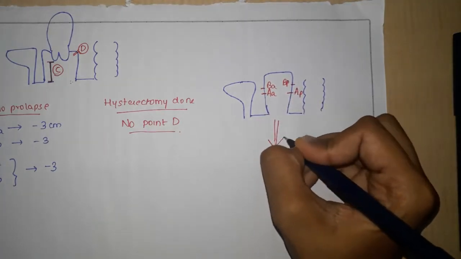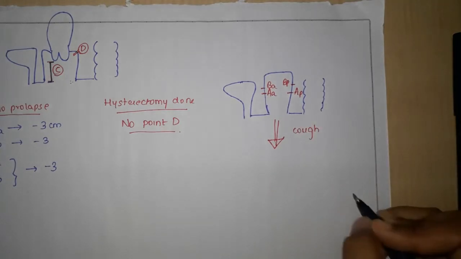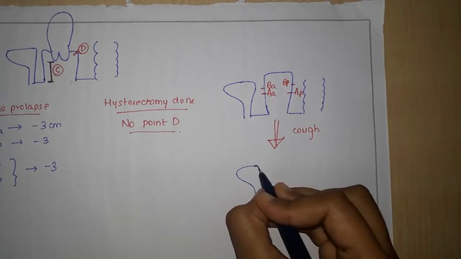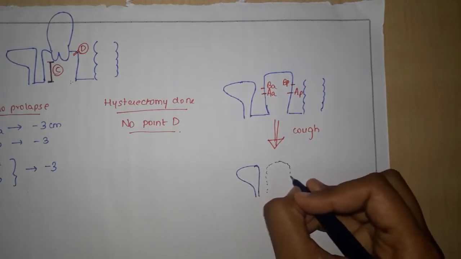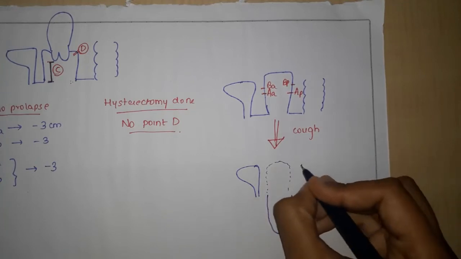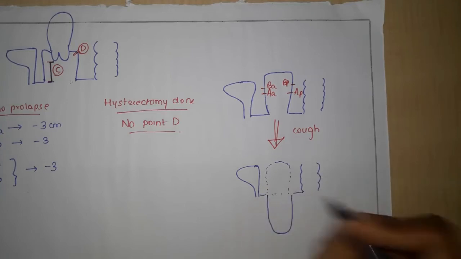Now you ask the patient to cough or do a Valsalva maneuver, and if this is what happens, initially it was in this position, now this has totally come out like this. This is your hymen.